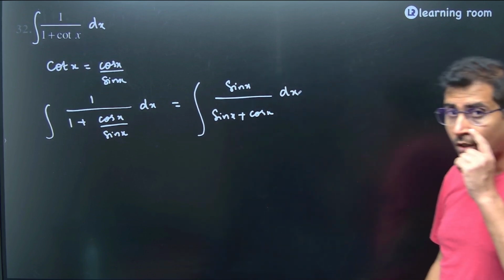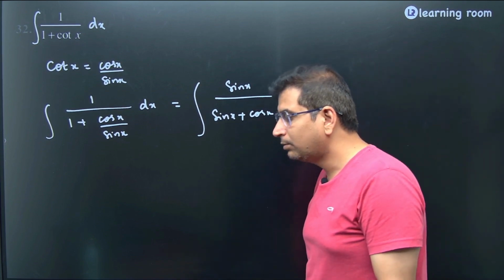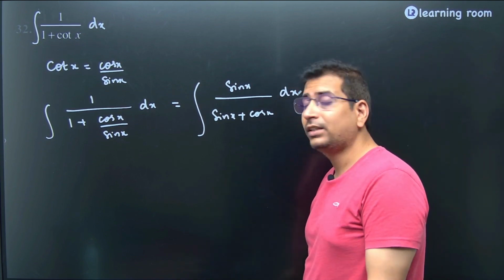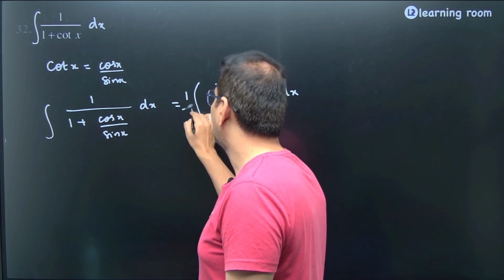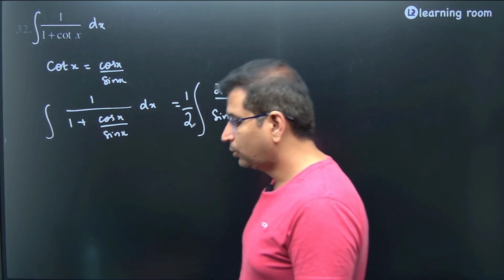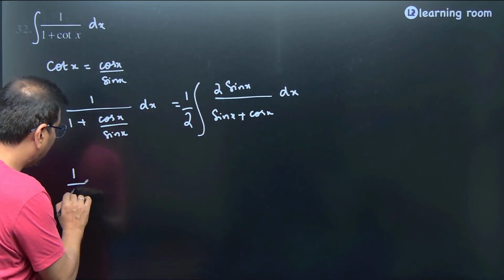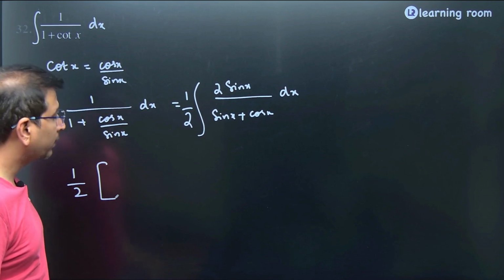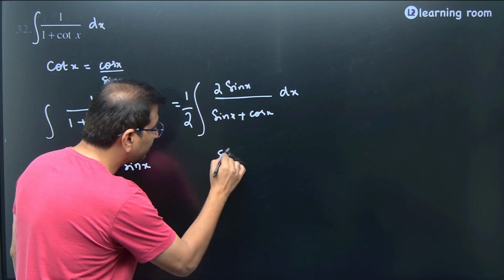Now having said this, if you observe, we cannot substitute any of them as t and then proceed, unlike the other problems. So what we need to do here is multiply with 2 and divide with 2, so that you will have something like this. Observe, you will have half of 2 sin x, which can be written as sin x plus sin x.